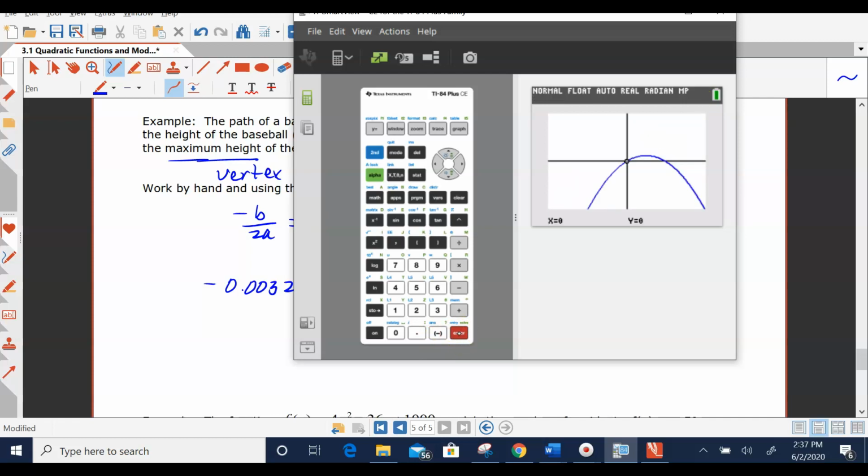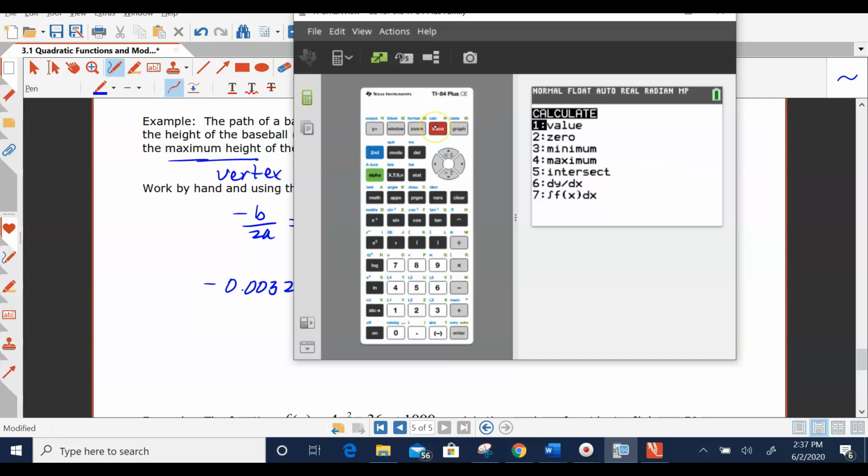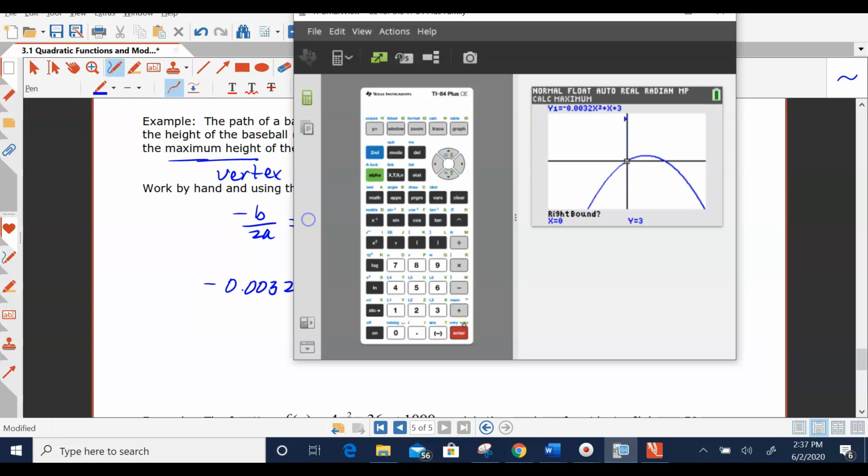It keeps zooming out. Now I see my parabola. So I could actually go to second calculate, choose that maximum feature, and do the left bound, right bound thing. Pass it up for the right bound, press enter, and there we go. That's the vertex we found by hand.